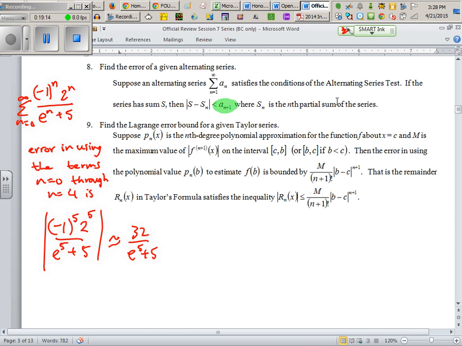So you might say, well, what does this number mean? Well, it's the next term. It's the term after the ones I didn't use. I only used -1 to the 0, 2 to the 0 over e to the 0 plus 5, plus -1 to the 1, 2 to the 1 over e to the 1 plus 5. I used all of these all the way up through the 4th one.